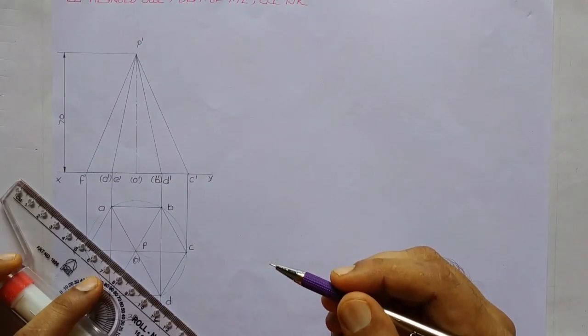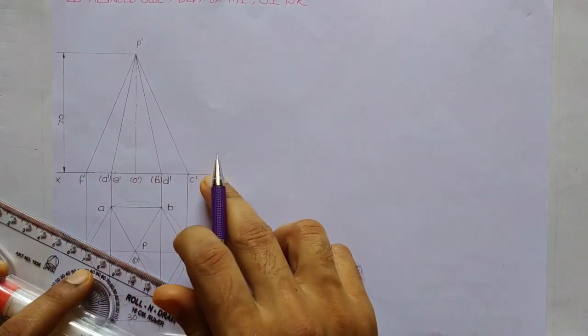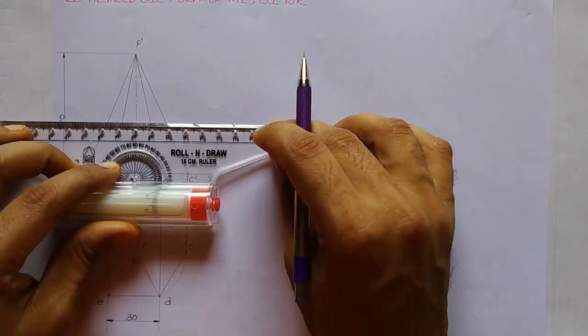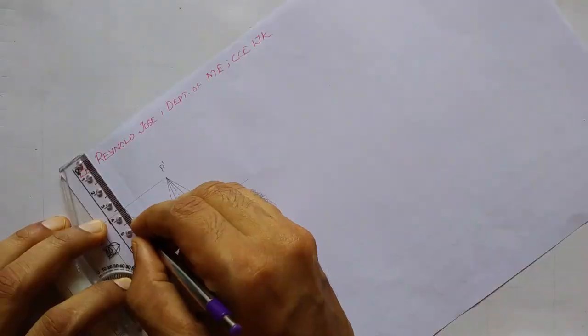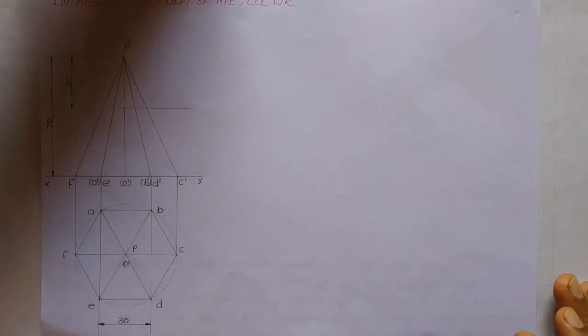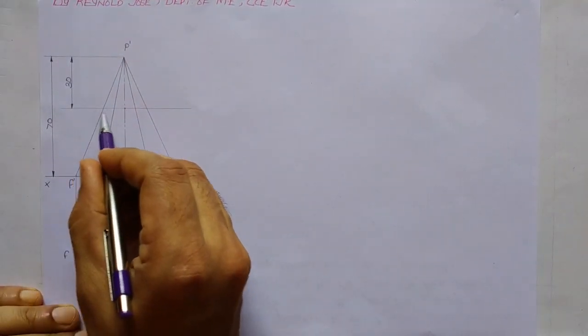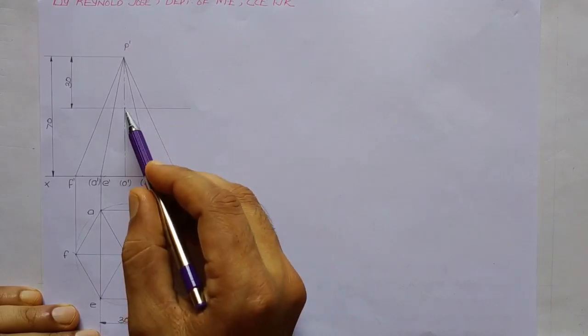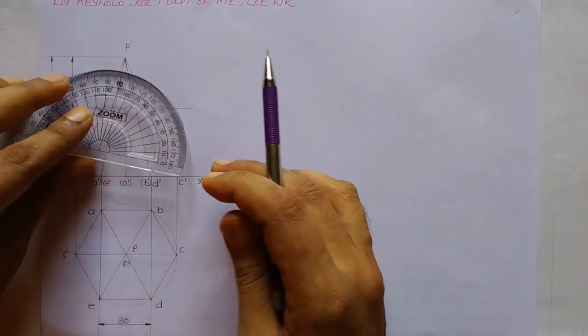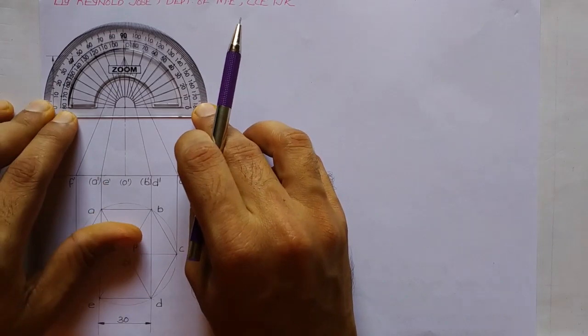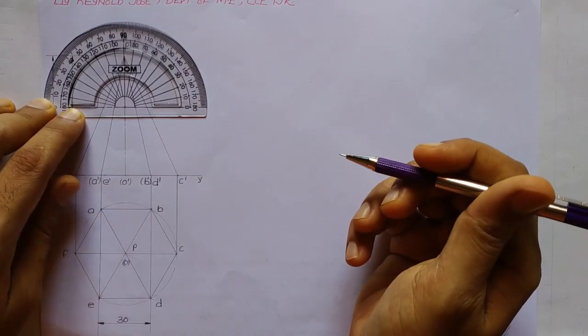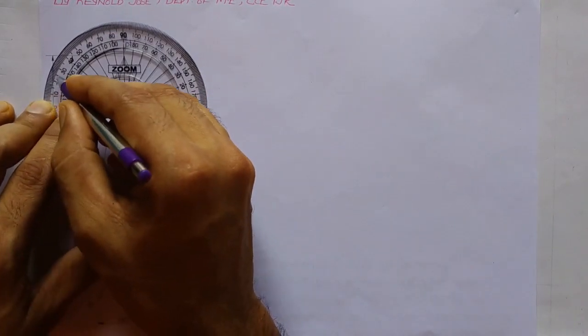Through this point let us draw a reference line which is parallel to the XY line. Now let us take an angle with respect to this line, and here this point is 30 mm below the apex. The angle of the section plane is 45 degree with respect to the horizontal plane.